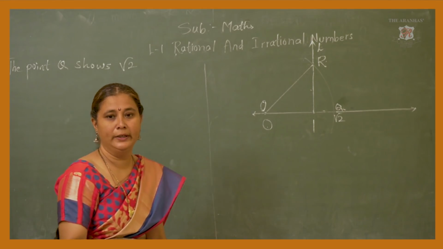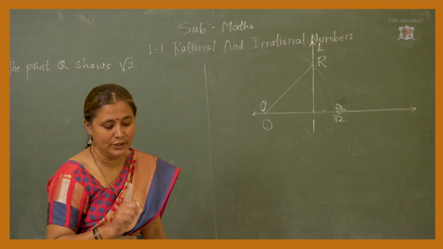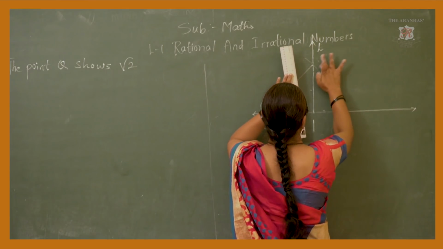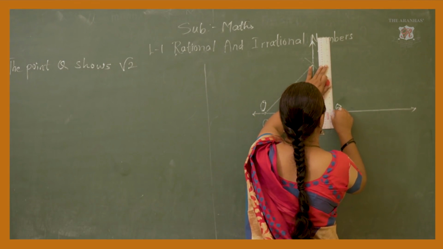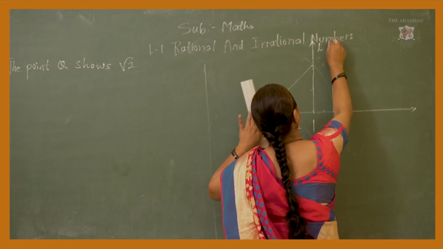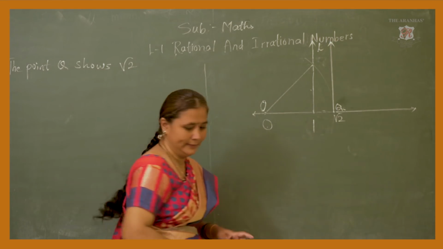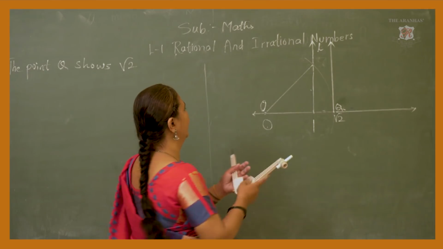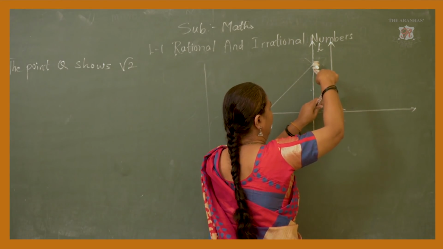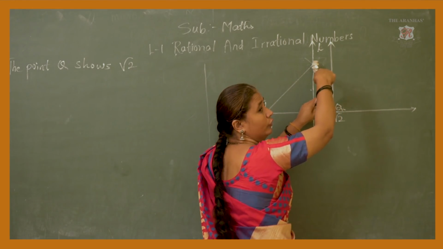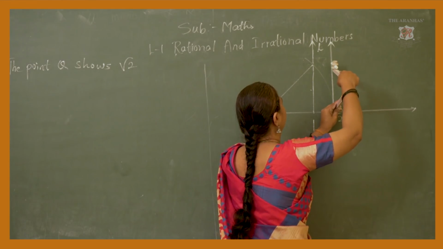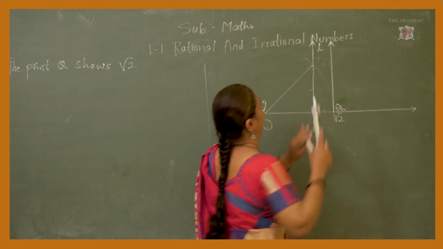The line perpendicular to the number line is drawn through the point Q. And then this distance we have to take, because on the perpendicular line this distance will not change, it is the same, so that we have to take. Okay. So, here root 2.